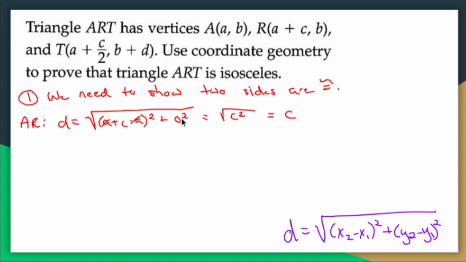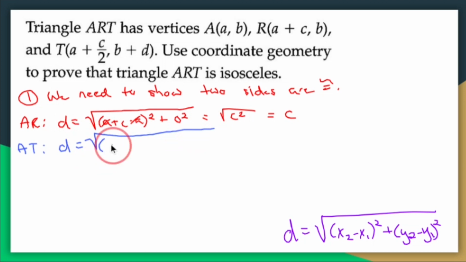Okay, let's try AT. I don't have a good feeling about it at all. AT is going to be D equals probably a bigger square root. Let's let that be my x sub 2, x sub 1.